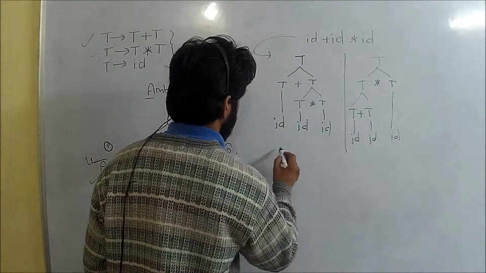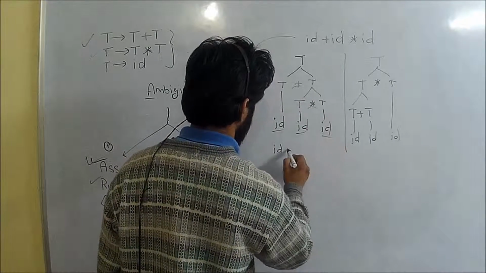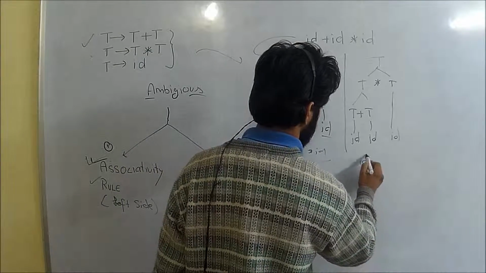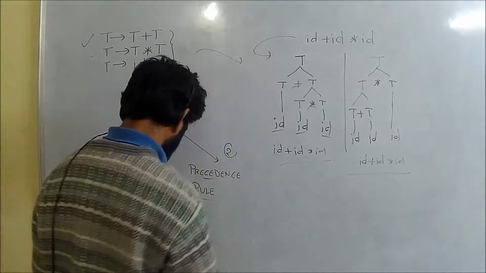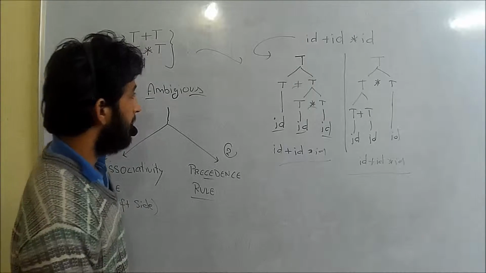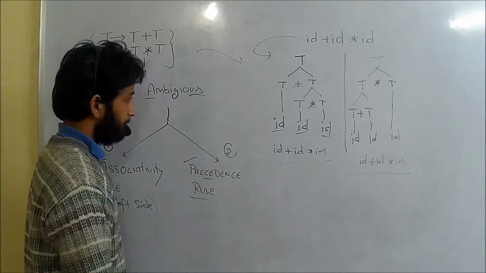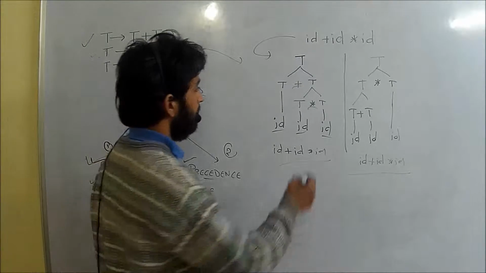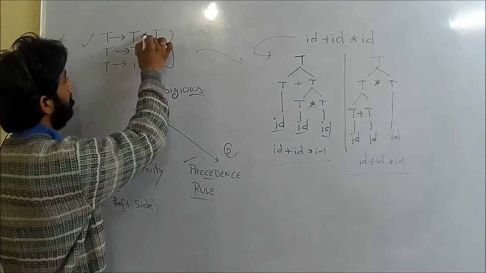So the resultant string I will get is id plus id star id. So the grammar is again ambiguous, but here the case is that the precedence rule is not followed, because in this grammar I have two operators.